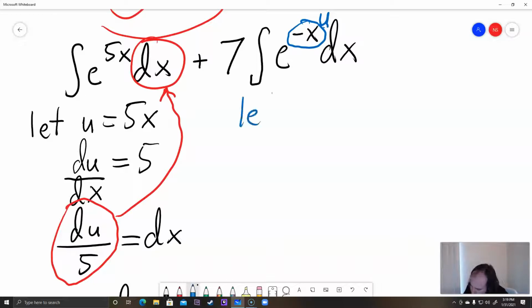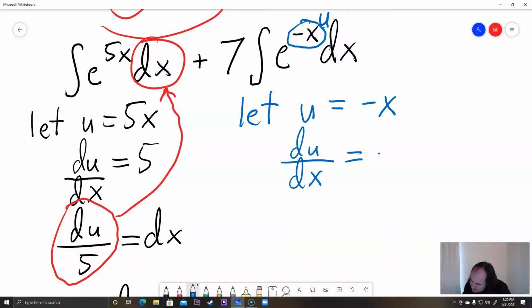We let u equal negative x. Then taking the derivative, we get du dx equals negative 1. If we isolate dx, we multiply both sides by dx and divide both sides by negative 1. So we get negative du equals dx.